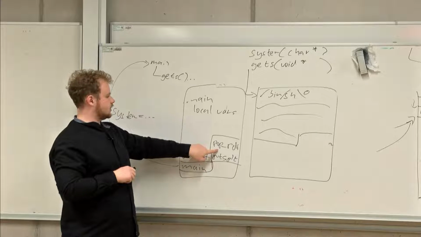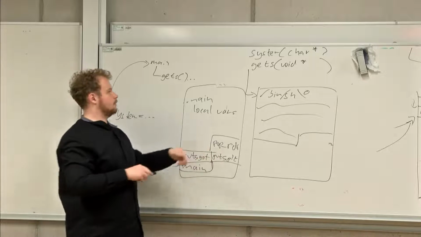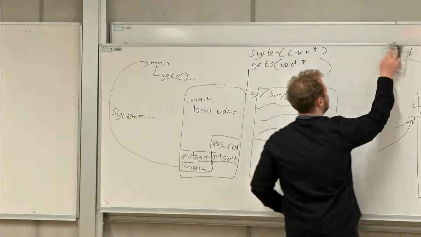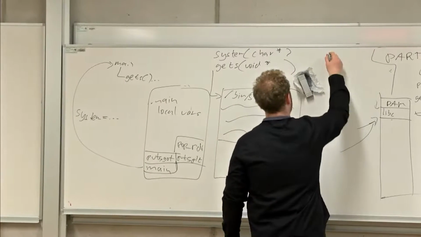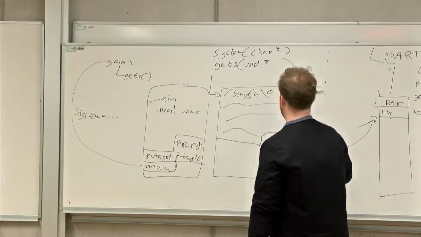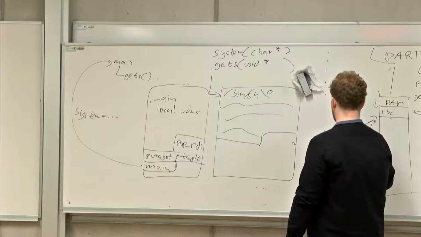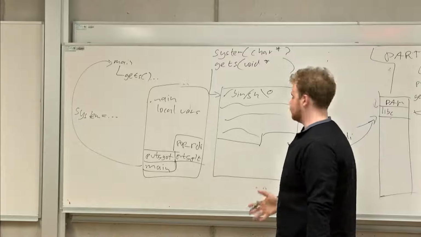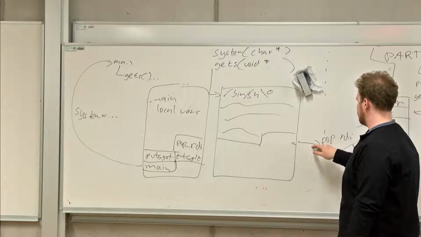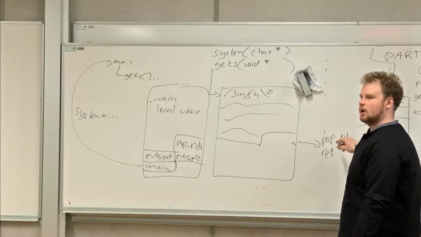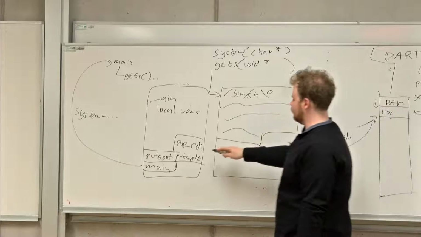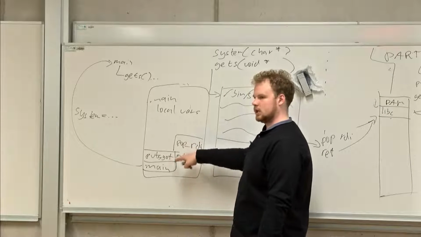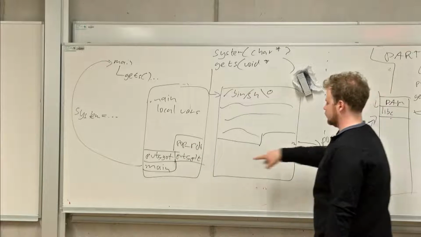This is an address to some instructions that are already in the binary. Somewhere in a function it says pop RDI, return. We just say start executing here, and then it pops a value from the stack, the next one on the stack, into the RDI, and returns to the next value.